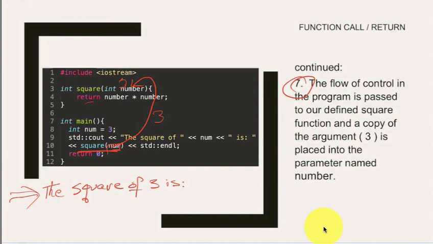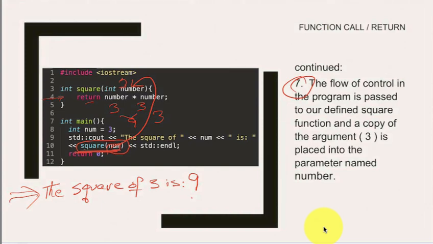And our statement on line 4 just says return, in this case, 3 times 3, which resolves to a 9. And that 9 is written right in the same place where that function call happens. Why? Because that's the data that was returned from the function.